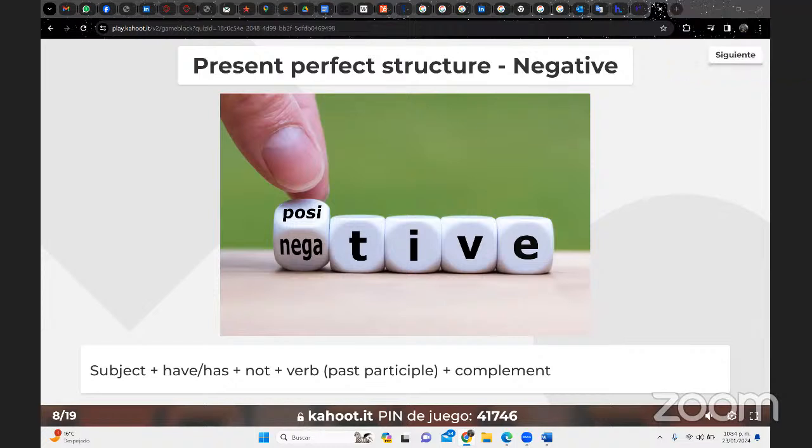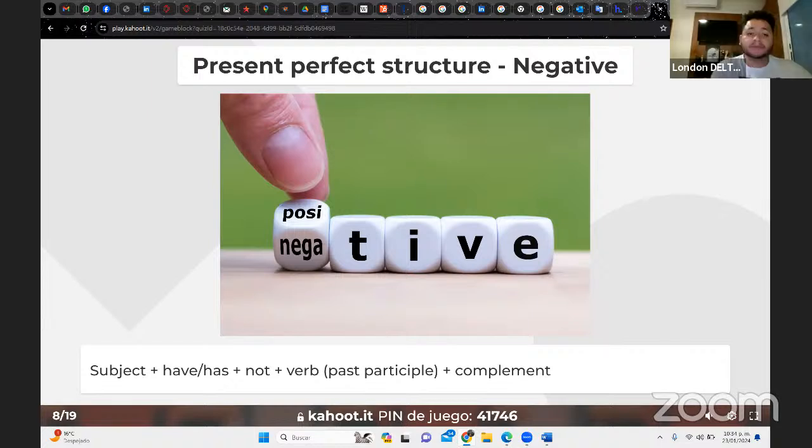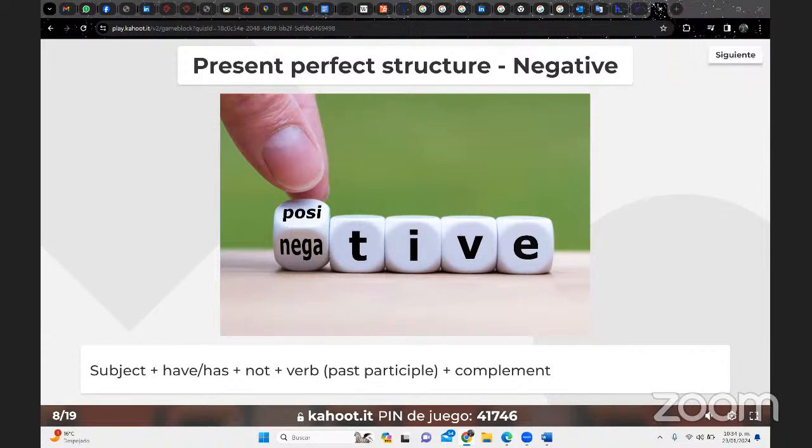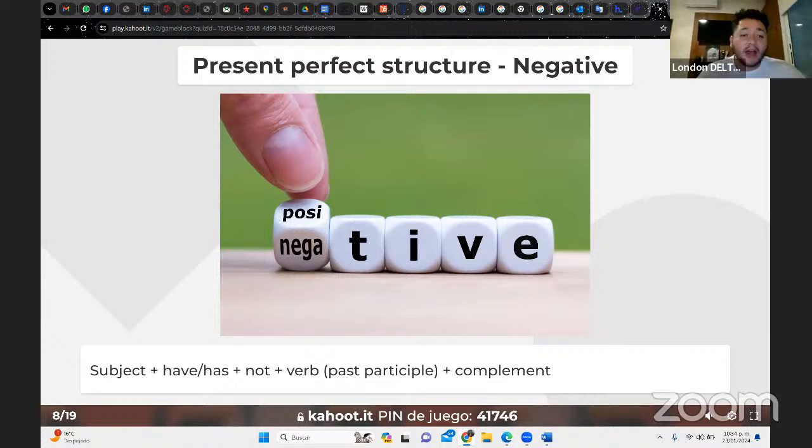La contracción, have. Exactly. So the contraction will be, ¿cuál sería la contracción? Haven't. Exactly. I haven't, and you could also say, if it's the third person, she hasn't. Right. She hasn't. Okay.